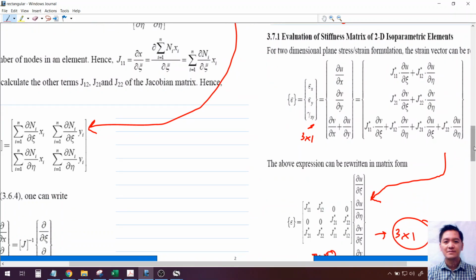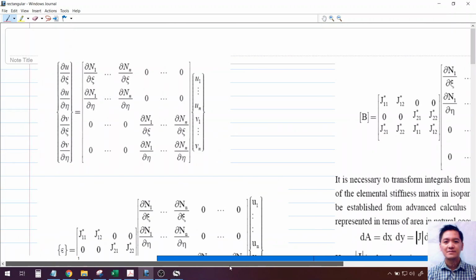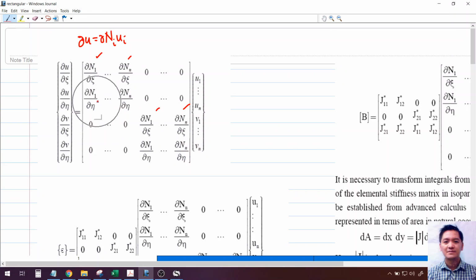Now, du dc, okay, will now be this. No? So, right? Because u, as we know, is equal to n ui, di ba? NIUI, no? So, kung kinuha natin yung partial derivatives ito, kukunin din natin yung partial derivatives ito, no? Kunin mo din yung partial derivatives niyan. So, ito siya. Okay. Yan. Okay. Get the partial derivatives here. Ito yung partial derivatives. See?